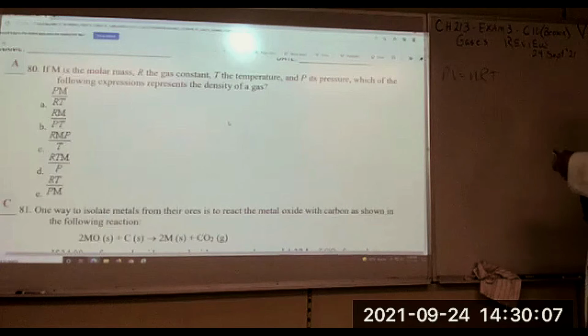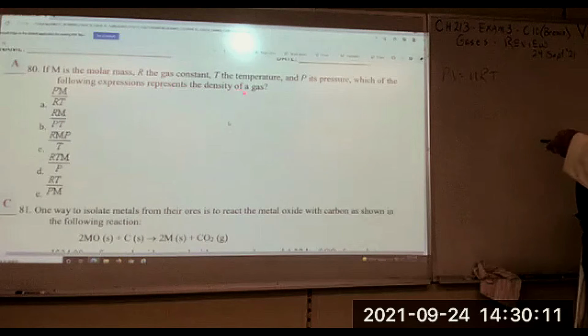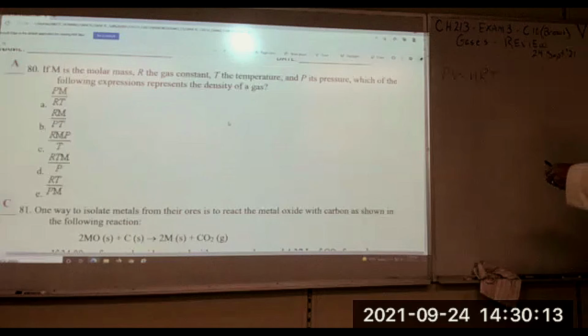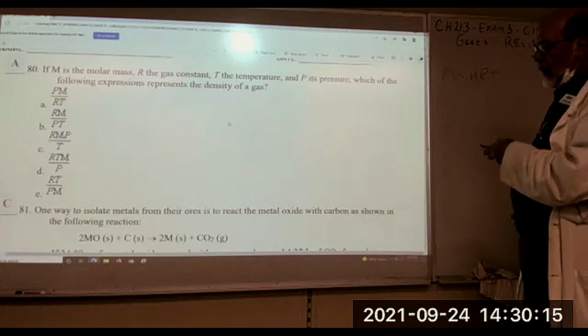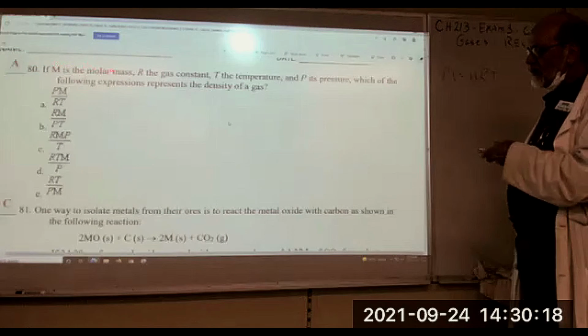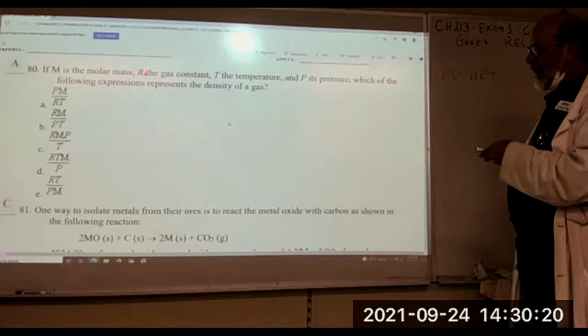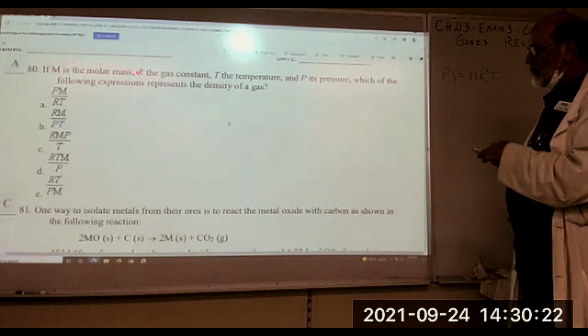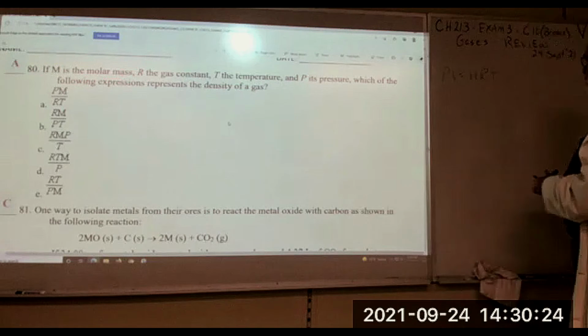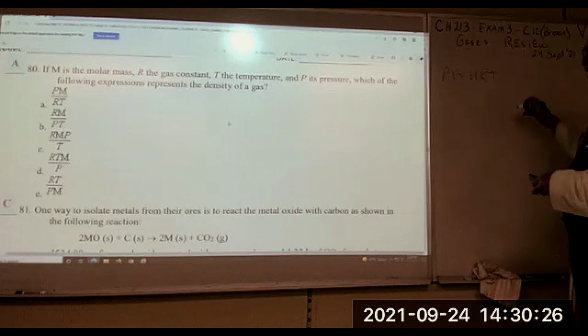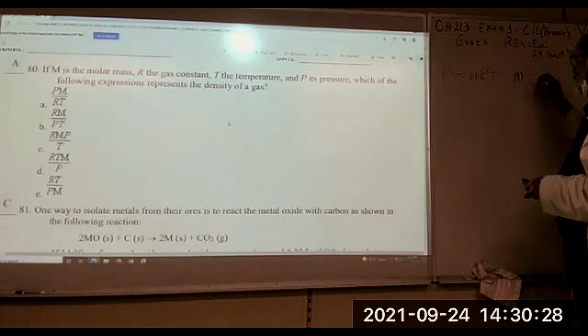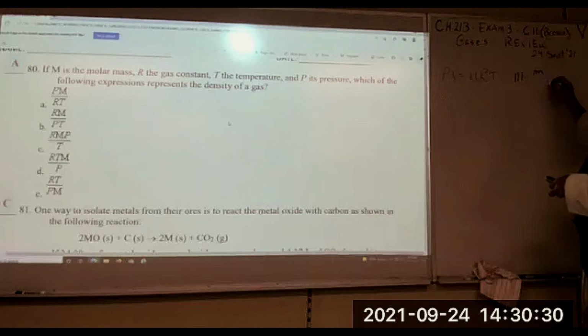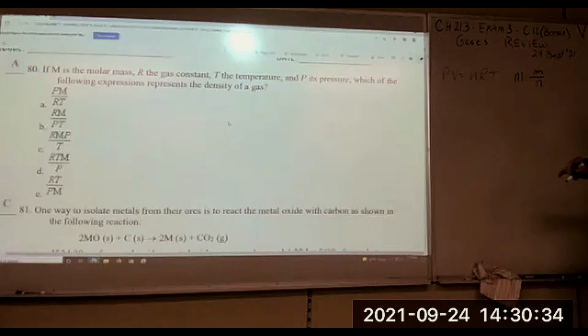What else do we know? Well, another clue is they're giving us molar mass. So what do we know about molar mass? Molar mass is the mass of the gas divided by the moles, correct?